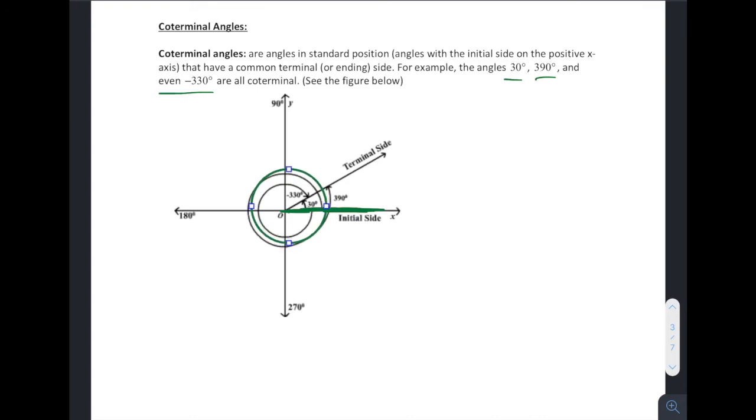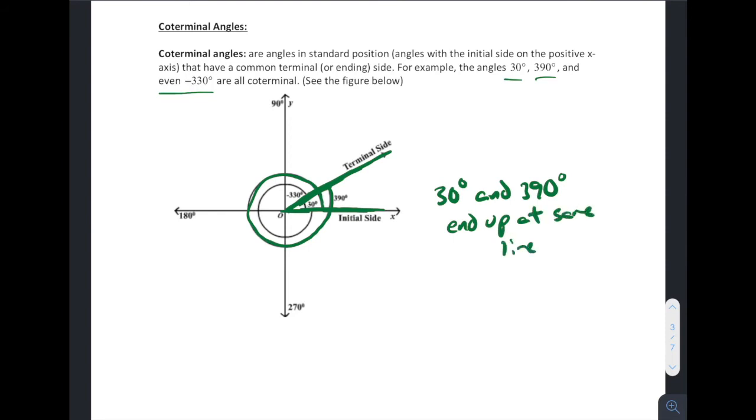But if we kept going, if we went another 30 degrees, we would end up right here, which is what they're calling the terminal side. What does that mean? That means that 30 degrees and 390 end up at the same line.